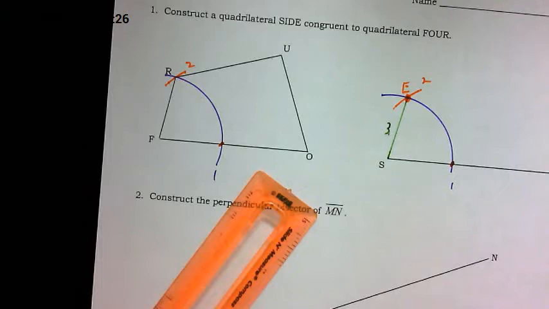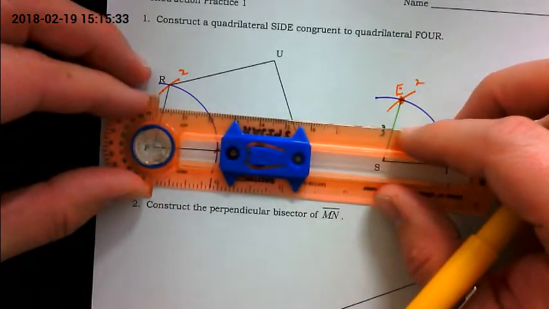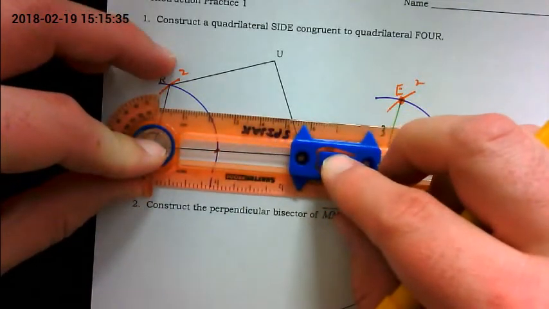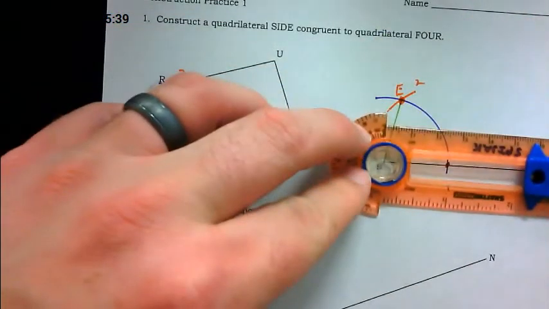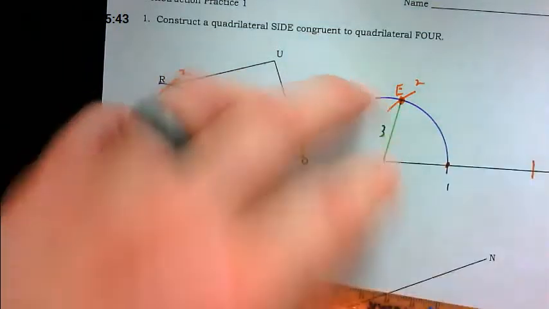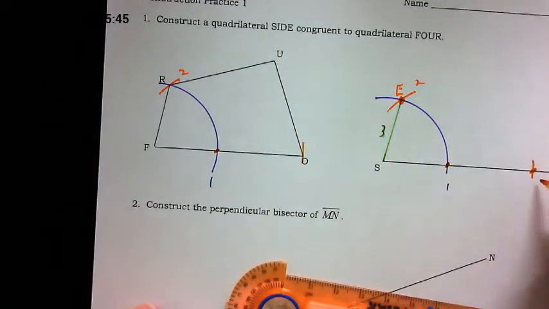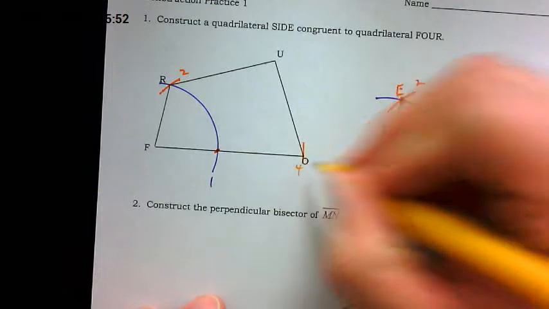And then we need to get the lengths of FO. So from F, open it up to O. Come over here, same thing, F to O. So now that's I. Again, that would be step, let's see, I did 3, so this would be 4.